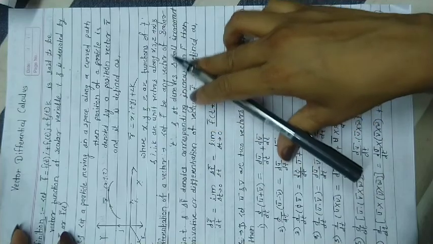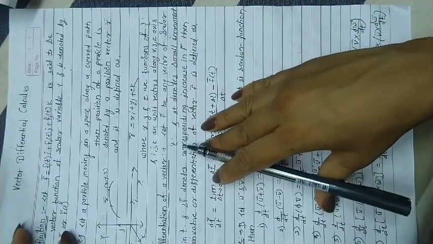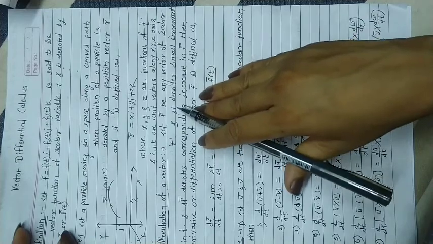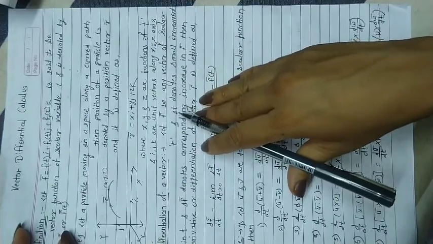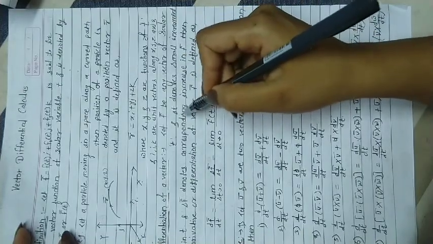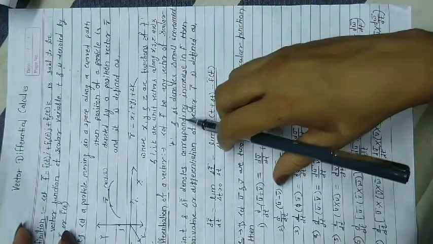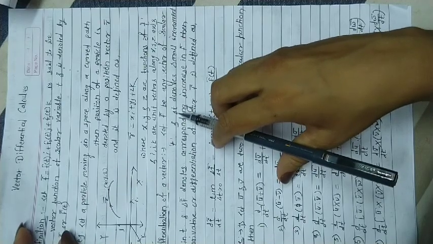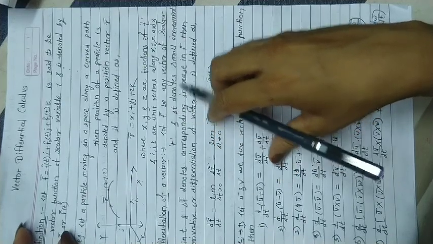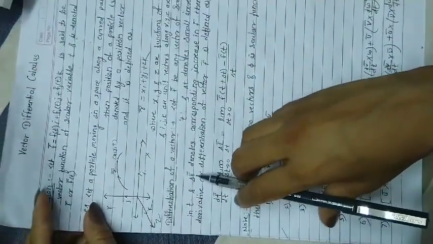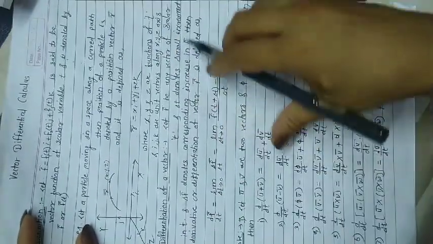Let f bar be any vector function of a scalar t, and delta t or del t, this is a small triangle, means a small increment. Generally delta denotes a small distance or increment, like in decimal points. Delta t denotes this small increment in t, and delta f bar denotes the corresponding increment in f bar.